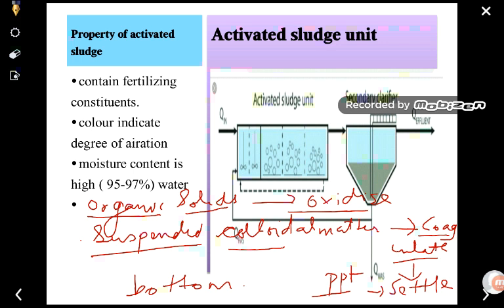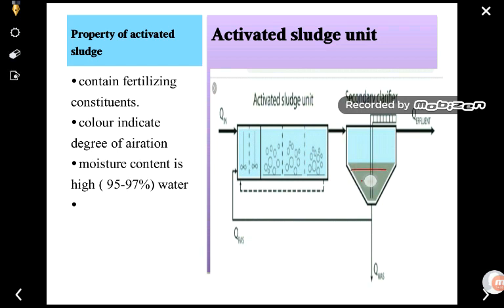So after such precipitation, the sludge normally gets precipitated, and after precipitation the effluent which is obtained is clear and sparkling.